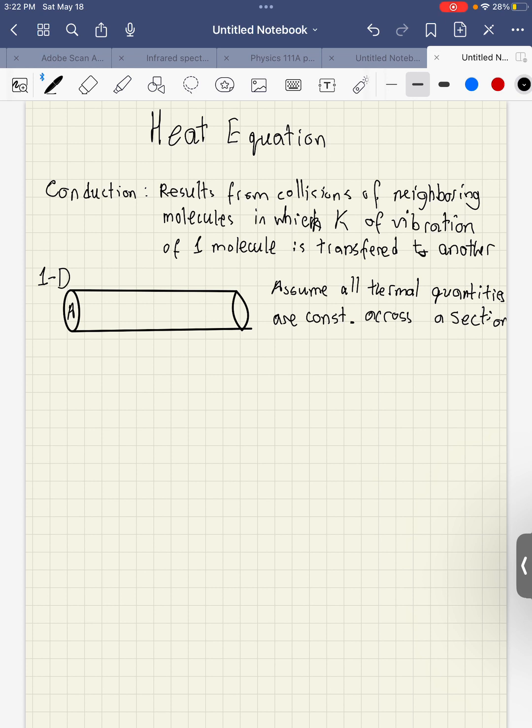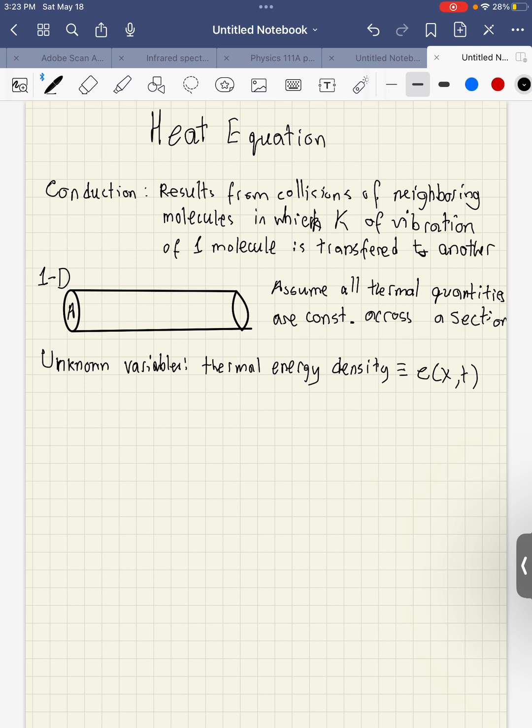The unknown variable is the thermal energy density, which we denote as E(x, t), the thermal energy density.